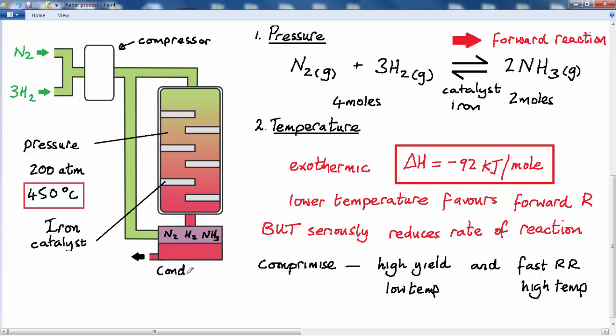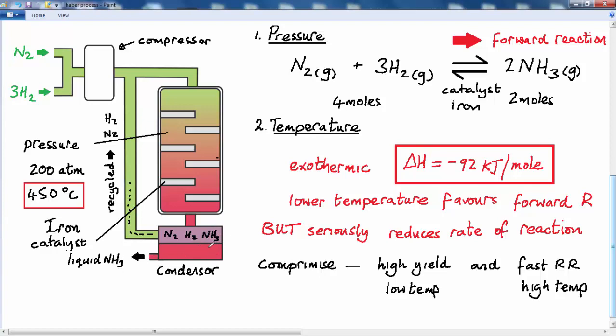This is going to cause the ammonia, which has a higher boiling point than nitrogen or hydrogen, to condense into a liquid. So you're going to get liquid ammonia being tapped off from this condenser unit, and then the nitrogen and the hydrogen are recycled around the system, and the ammonia is removed from the system through the condenser and tapped off here.